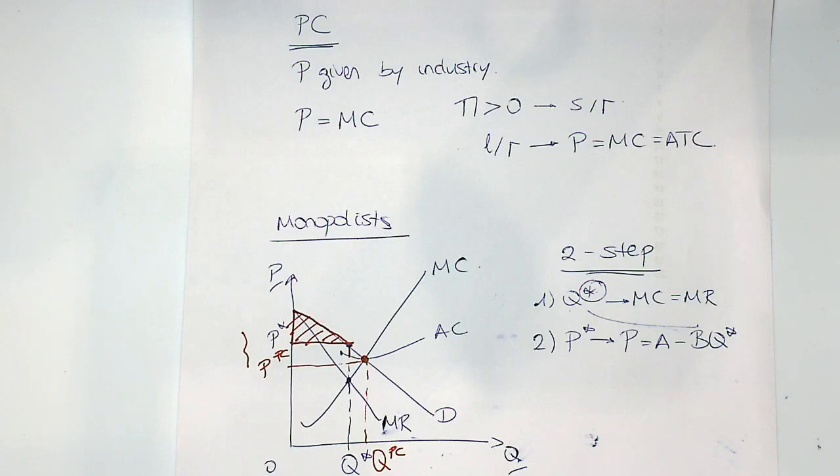Right, so obviously you have this example in Excel, in the graphs. So if you have a demand curve, remember, if you want to get the inverse demand curve, the only thing you have to do is solve for P in this case.